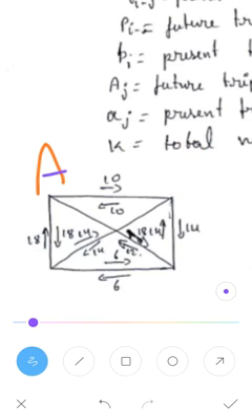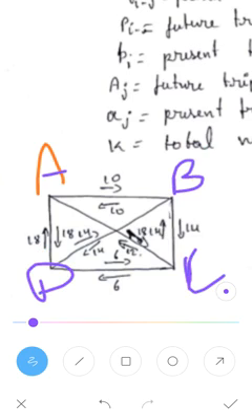So this is A, C and D. Okay. From C to A it is 12 and A to C is 18. Same way B to D is 14 and D to B is 14.